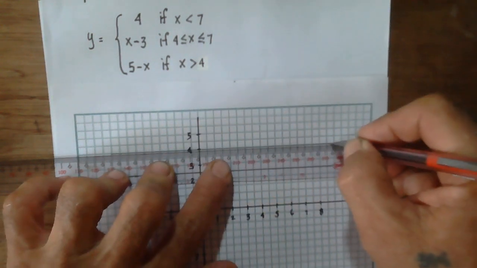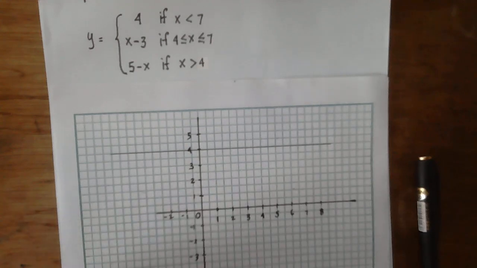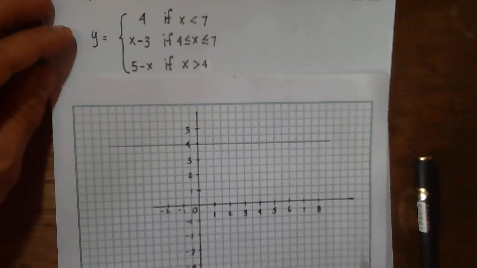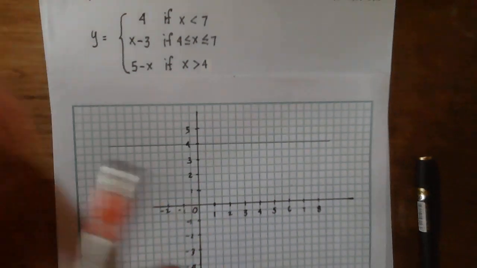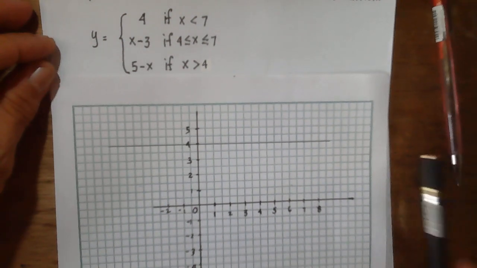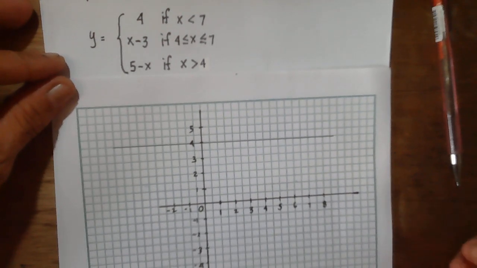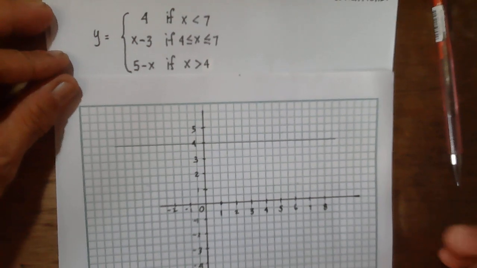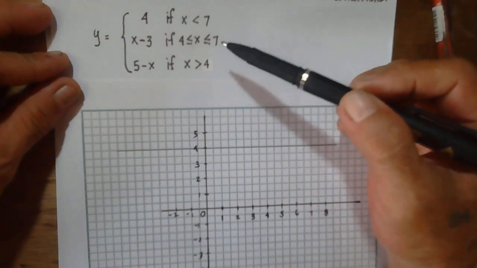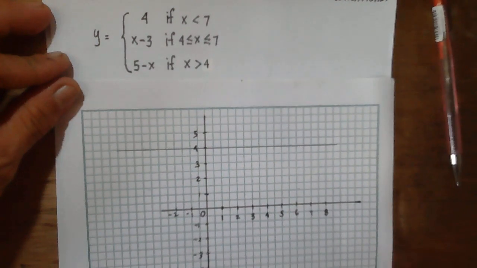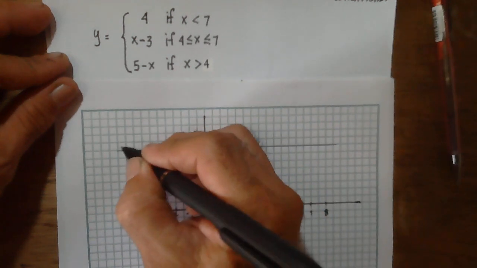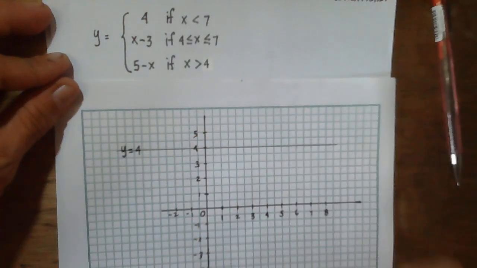When we graph the three equations, we use a pencil or a ball pen with a finer tip, because later on we will only show the graph that corresponds to the interval given by the condition. We really do not need to show the totality of the graph of the three equations. And then we mark this as y is equal to 4.